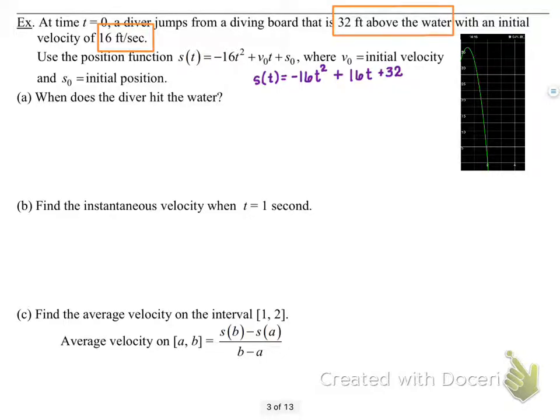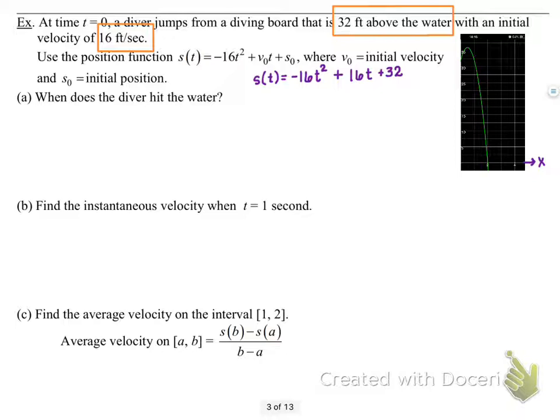We also don't care what happens when the diver goes underwater, so I cut it off. This right here is the x-axis. Unless you graphed it yourself, which hopefully you did, you can't really tell. If you did not graph it, please graph it on your calculator. Push pause.